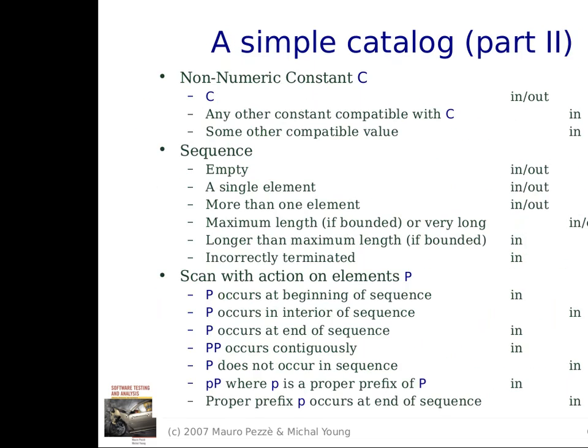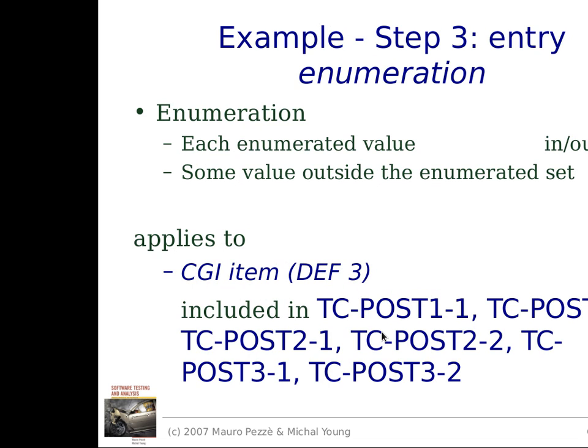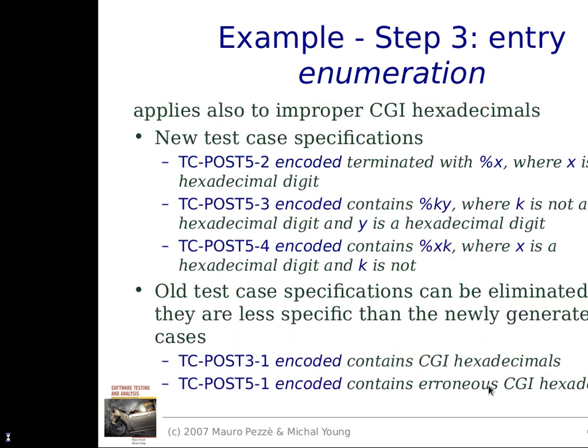So we already have these test cases. What this is saying here is as you inspect this, they're already covered by some tests of some preconditions, so you don't need to write them again. Enumeration, again, these are already done, tested, and are different postconditions as well.